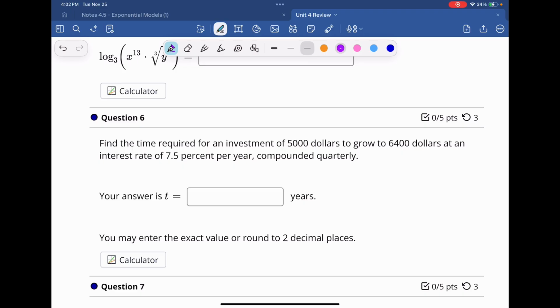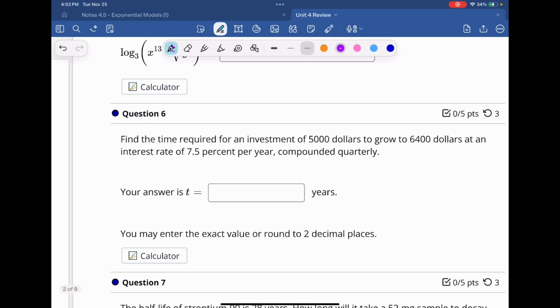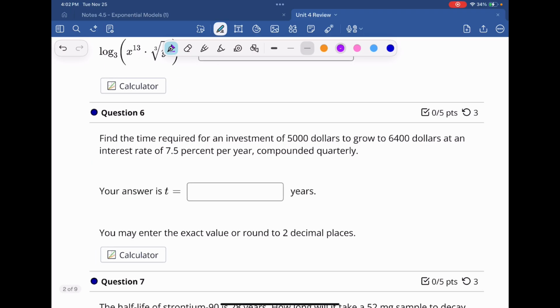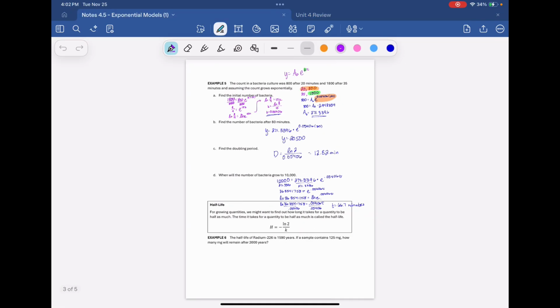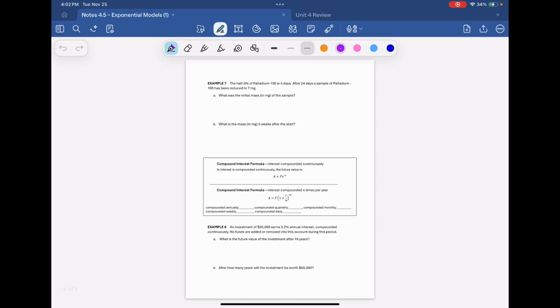All right, find the time required for an investment of $5,000 to grow to $6,400 at an interest rate of 7.5%, compounded quarterly. Okay, so I'm going to take you back to those notes in 4.5. Compounded quarterly.